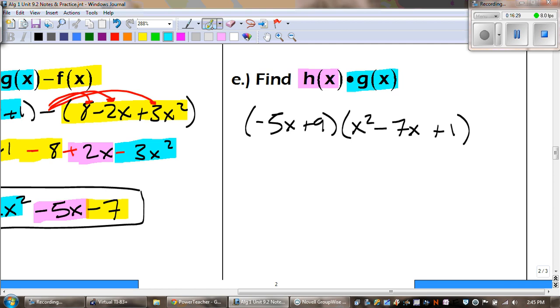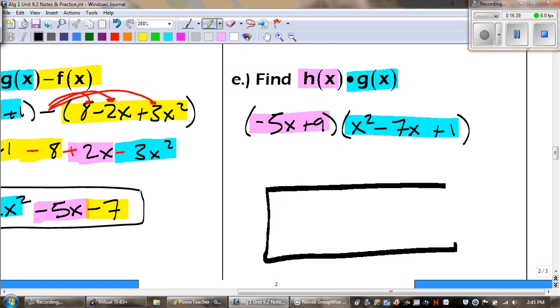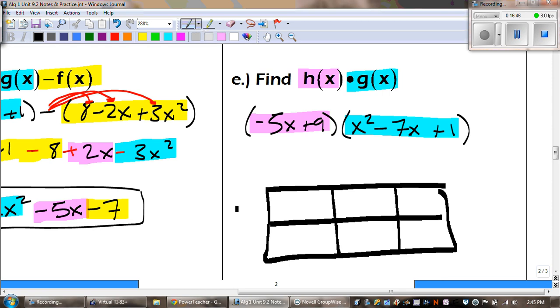And that is however you want to organize it, okay? Whenever I'm multiplying things this large, I like to use the box method. Okay, I have a binomial times a trinomial, -5x plus 9, and then we have x squared minus 7x plus 1.